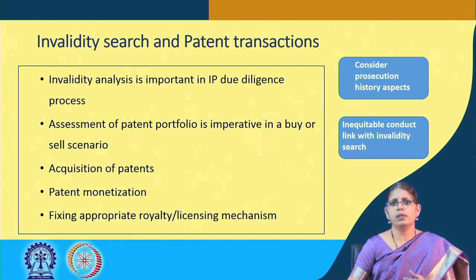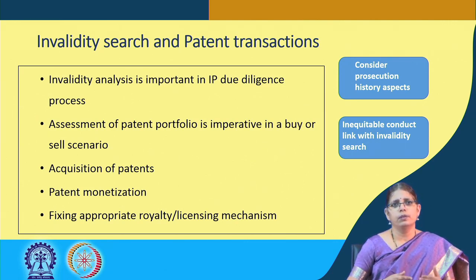So, while patents are safeguarded very well, it is also important to take into consideration that a patent can be attacked on many instances. So, doing a good invalidity search is essential to go prepared to the table for negotiation. Similarly, a buyer has a better negotiating advantage if the buyer has assessed the value of the patent or the patent portfolio.